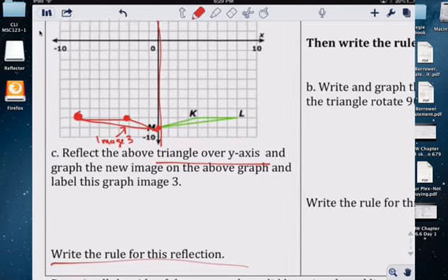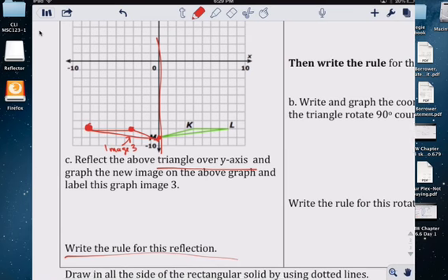Okay, what's the rule? Let's see. K is at 3. I think it's 4. I did this wrong. This is 4. 1, 2. Right here.